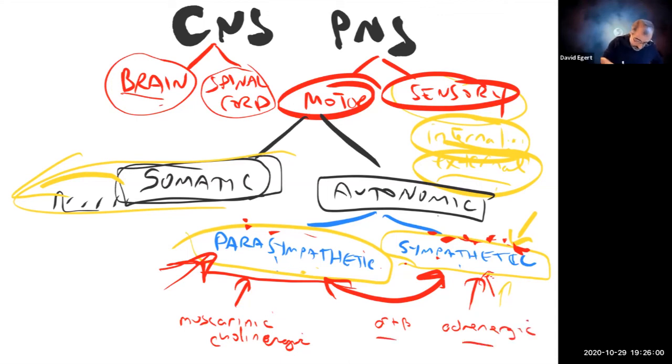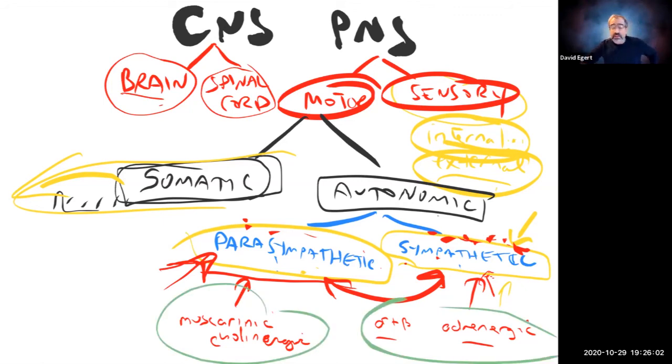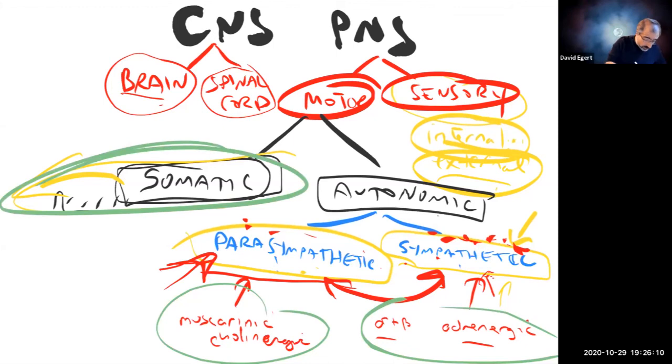These are both second messenger mediated, which means you don't know what the effect on the target is going to be unless you look at that specific target. Right? Somatic, we talked about, always excitatory. If you send a message down a somatic motor neuron, the muscle is going to contract.